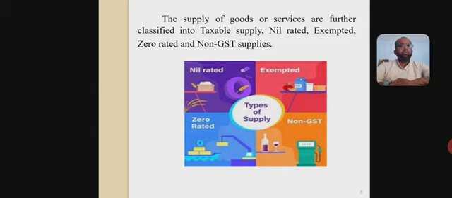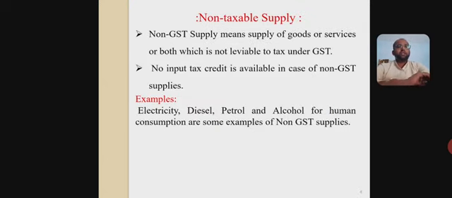The supply of goods or services is further classified into taxable supply, nil rated, exempted, zero rated, and non GST supplies. Let's discuss one by one here. Non taxable supply means the supply of goods or services or both which is not levied to tax under GST.